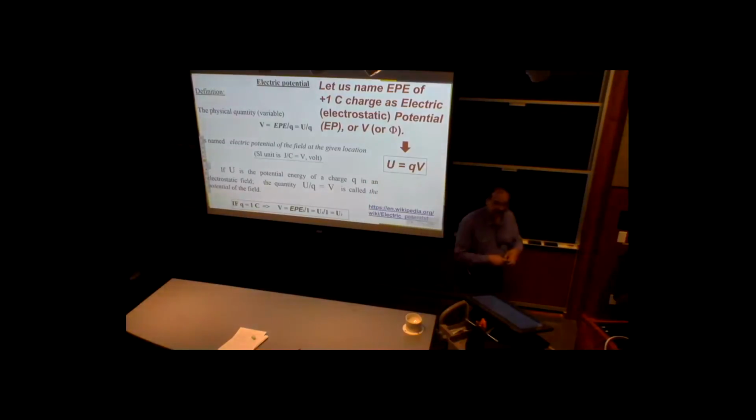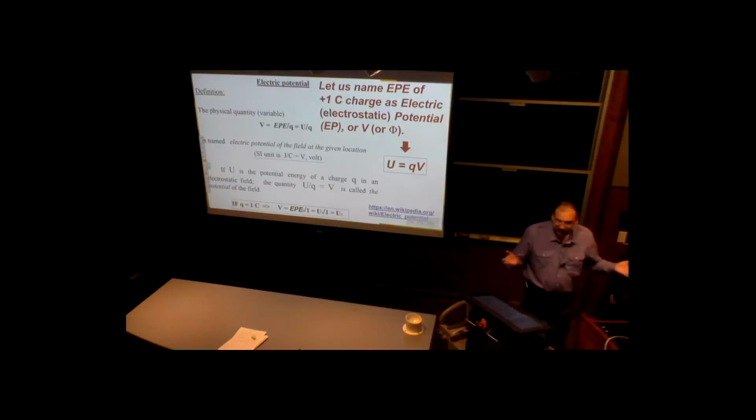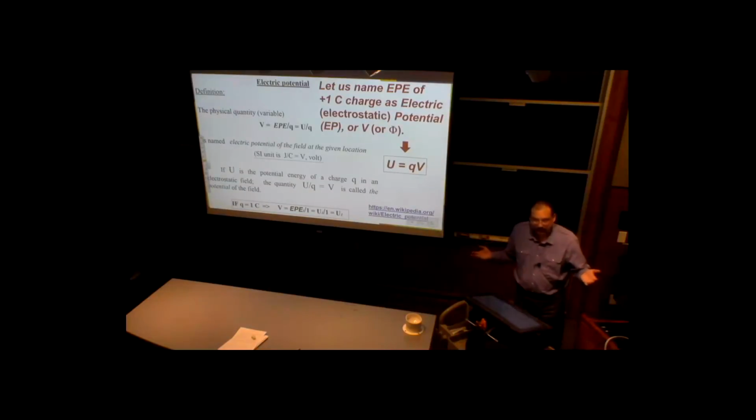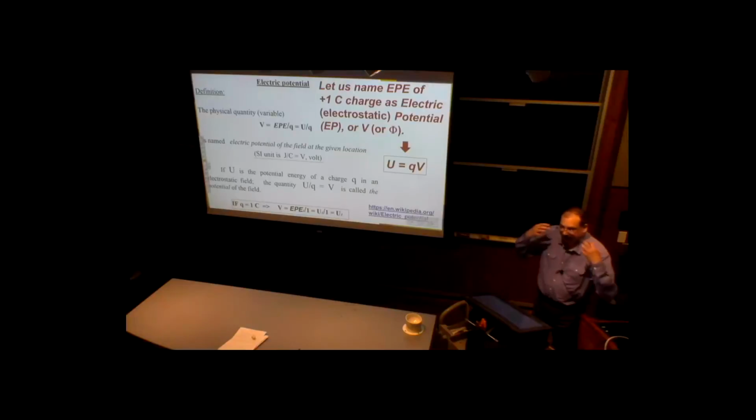And again, people don't say the whole thing, they say potential. In this context, this word means the electric potential of the electric field acting on this charge placed here and now. That's what it means.